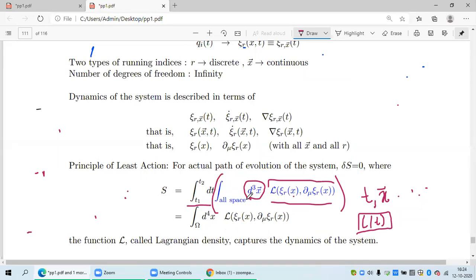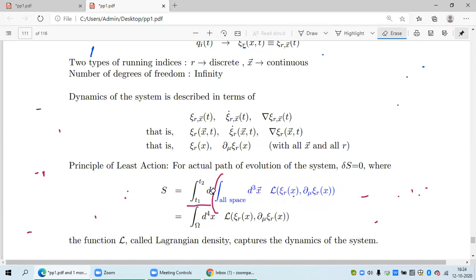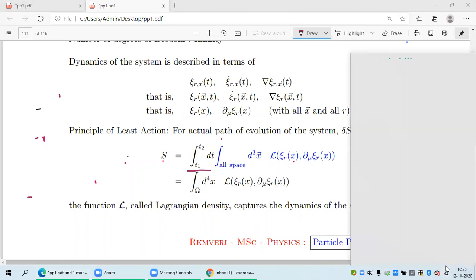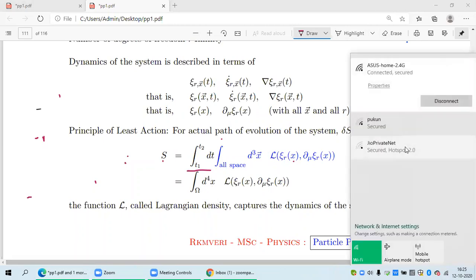But when you write it in this form, this x will be there. In other words, this action, now I can write, because it is a continuum, the space is continuous. Earlier we were writing the integral of L dt, now we can write... just a minute, there may be a problem with my internet. I have to switch, my internet is gone.